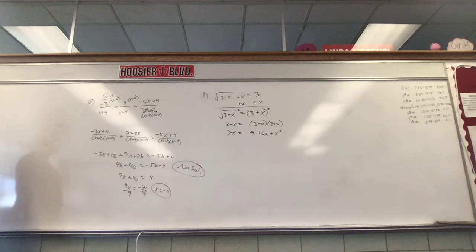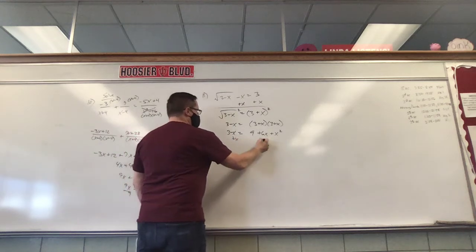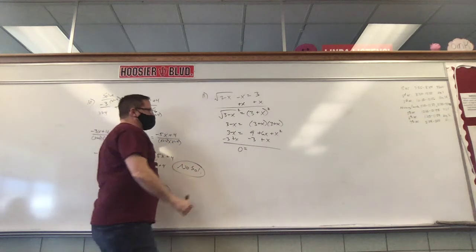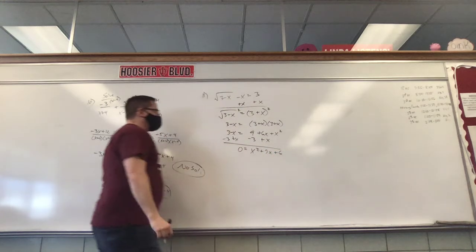I would definitely make 0 on one side, so specifically plus what? Plus x and minus 3. And I'm gonna put them in the right order. So on the right side, you should have x squared plus 7x plus 6.